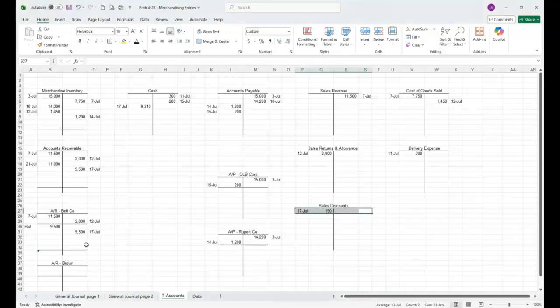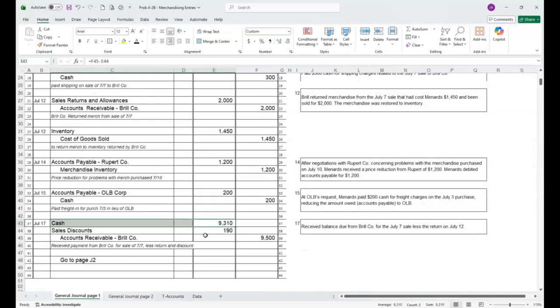I had one thing missing there. So here we go back to the entry. We have a $9,500 credit to the subsidiary ledger and to accounts receivable, $9,310 debit to cash, $190 debit to sales discounts, all on July the 17th.